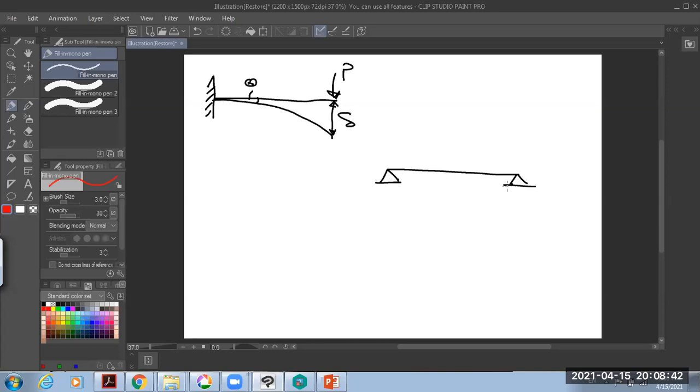For example, if you have a simply supported beam with a concentrated load in the middle, the deflection comes underneath the load, and this is the deflection line, and this is the deflection value. It varies linearly under a concentrated load, and this is theta.